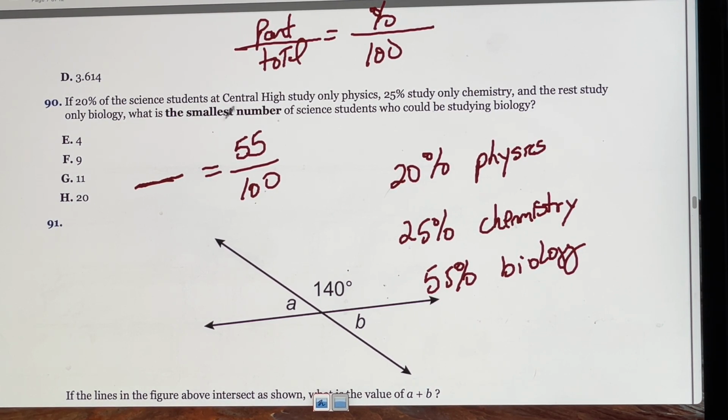If we say that 55% equals 4 students, what is the total number of students in the school? It's not going to work out, because this number at the bottom is not going to be a whole number. You can cross multiply and see for yourself. These two ratios are not going to be proportionate, because there's nothing divided by 55 that gives you 4.